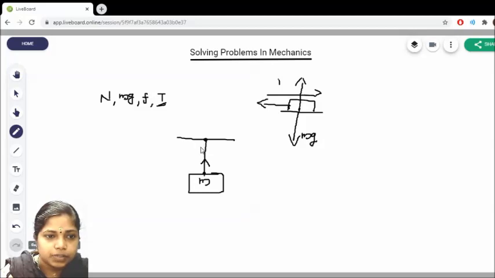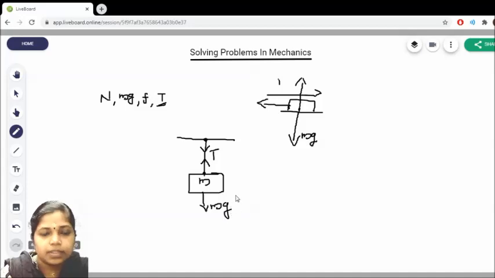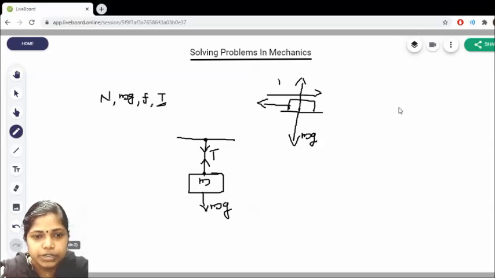So from this point, the direction of the tension will be along this direction, and the weight of the object is acting along this direction. This is the way to draw the direction of tension. Let's take one more situation.